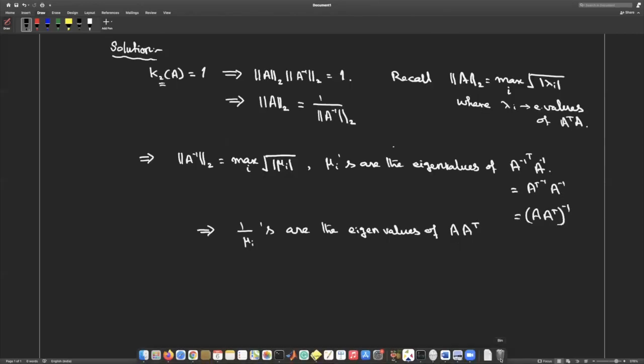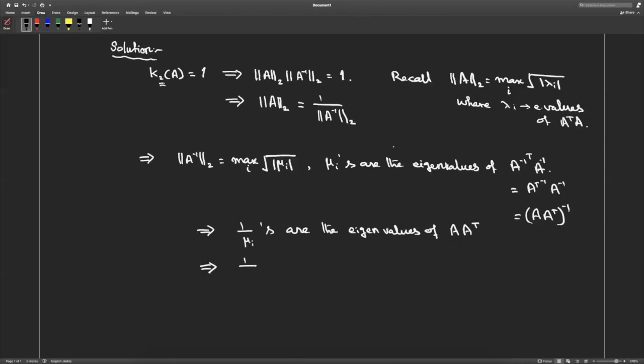Since the eigenvalues are the same for a matrix and its transpose, therefore mu i's are also the eigenvalues of A transpose A. We have already assumed that lambda i's are the eigenvalues of A transpose A. Therefore, 1 by mu i's are actually equal to lambda i's, right?